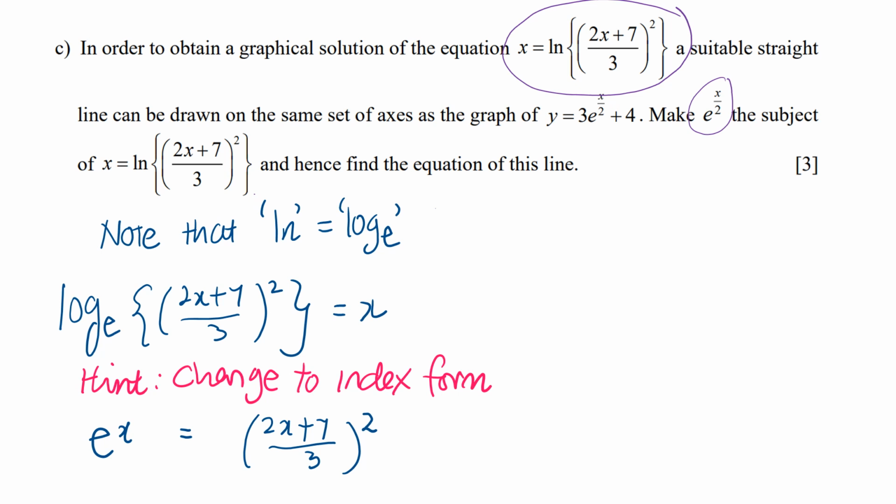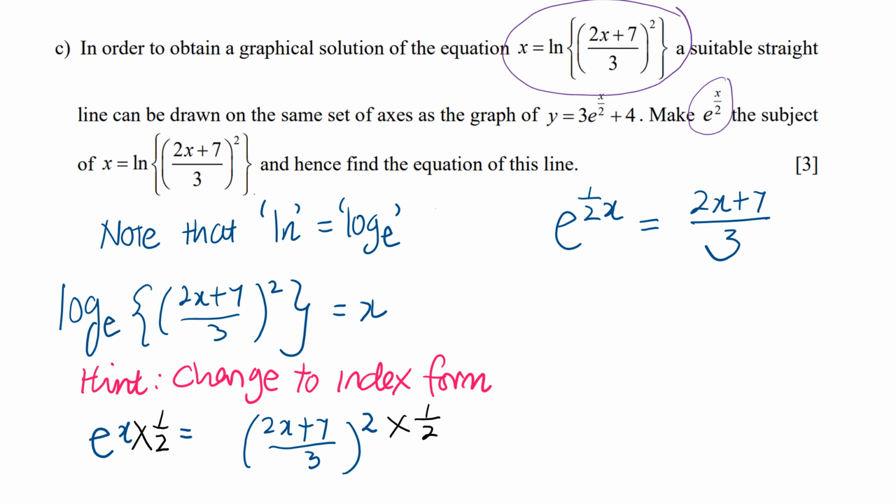So what we're going to do here is multiply the power on both sides by half, and let's see what happens. Yes, and you end up getting e to the power half x on the left hand side, and just 2x plus 7 over 3 on the right hand side.